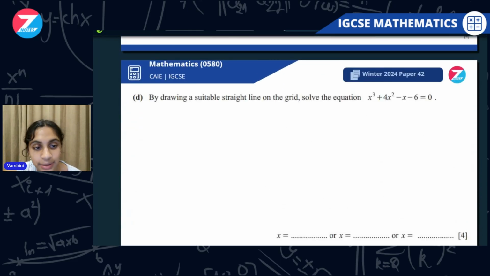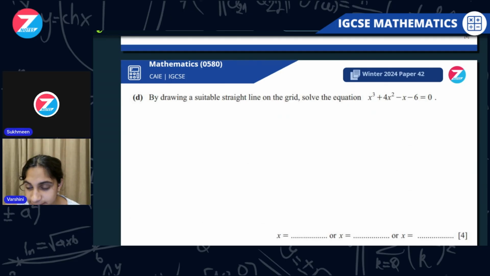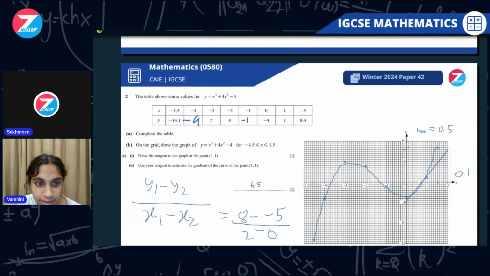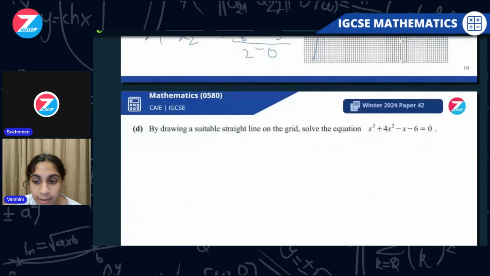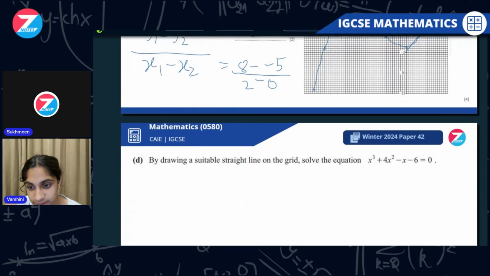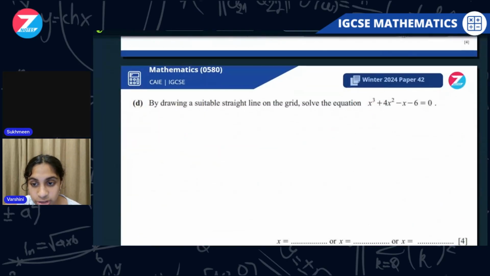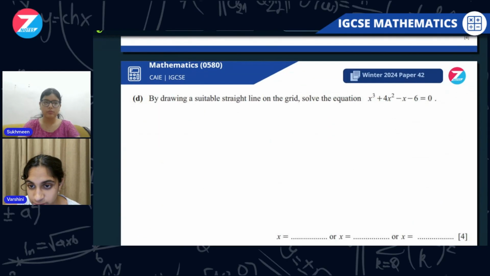Okay, for the next question, by drawing a suitable straight line on the grid, solve the equation x cubed plus 4x squared minus x minus 6 equals 0. So now we have our original equation as this, and we need to find what intersects between these two. So to do that, we're just going to subtract our original equation from this.